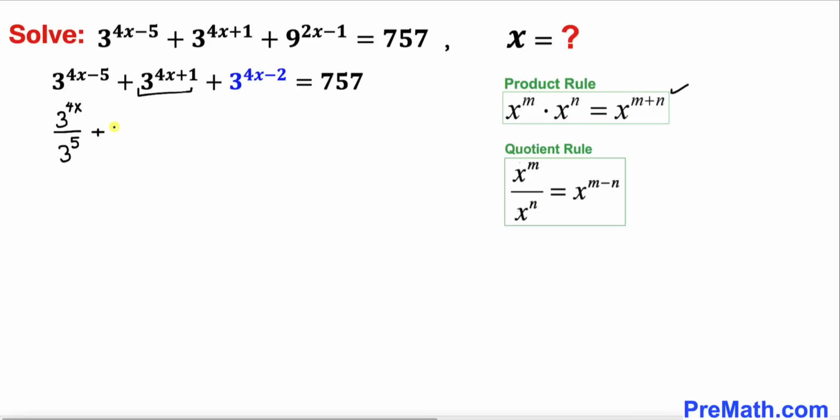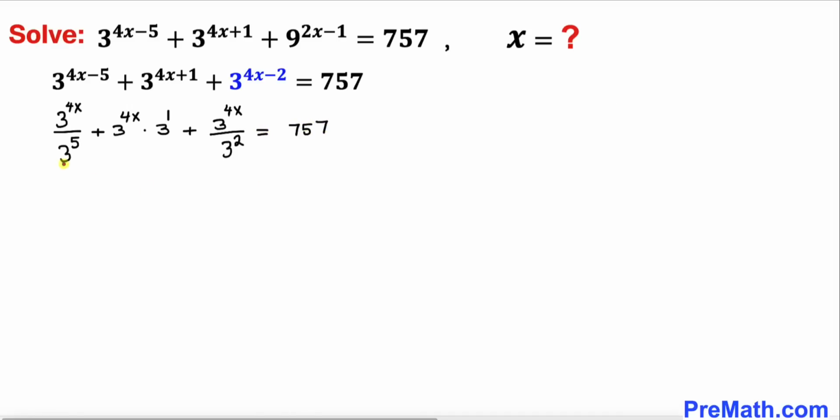So this could be written as 3 power 4x times 3 power 1, plus we are going to apply this quotient rule on this next term. So this could be written as 3 power 4x divided by 3 power 2, equals 757 on the right hand side.